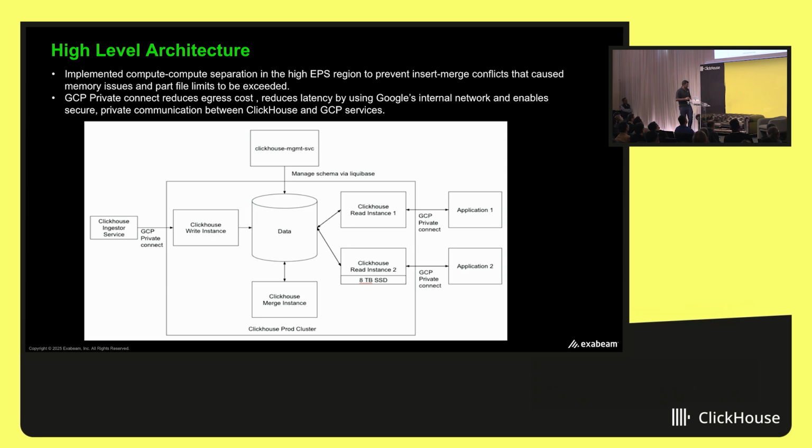This is how our typical high-level architecture looks. The ingestor service will ingest the data into the write instance. The write instance focuses specifically on writing the data into ClickHouse. The merge instance does the background merges, and the read instance serves the different read workloads. And we utilize the ClickHouse management service to manage the schema in the ClickHouse environment.